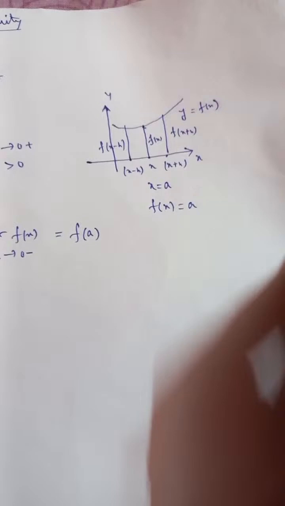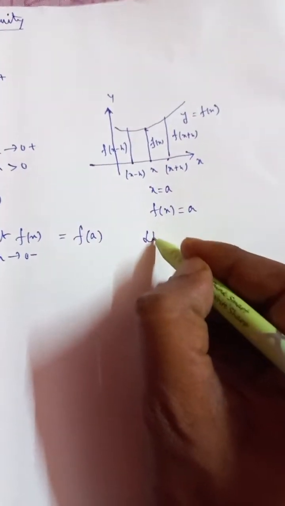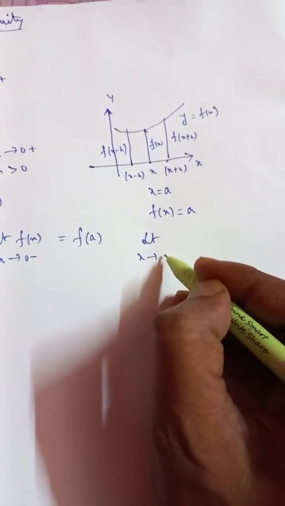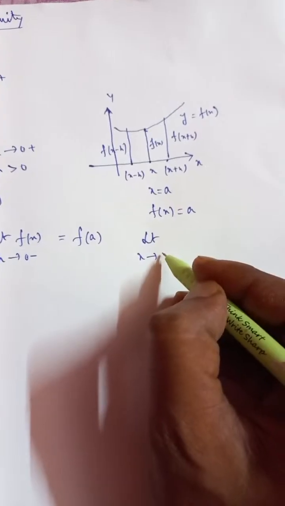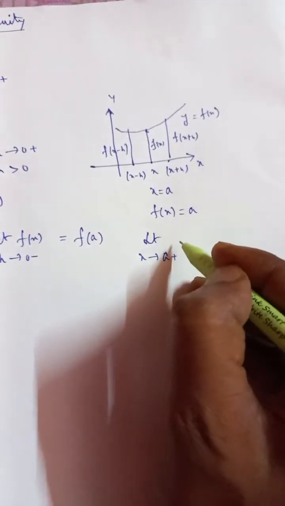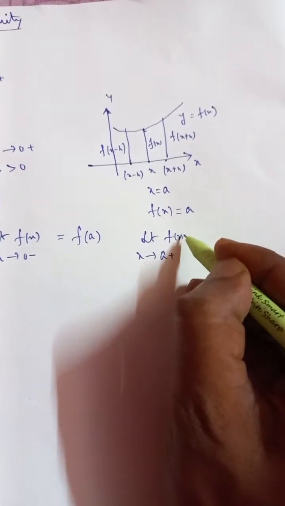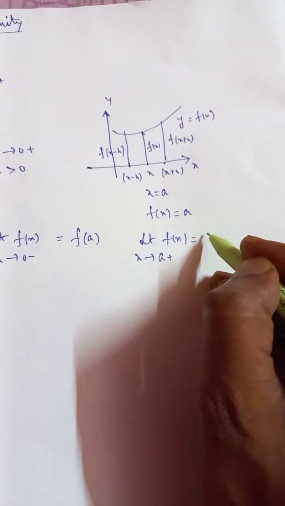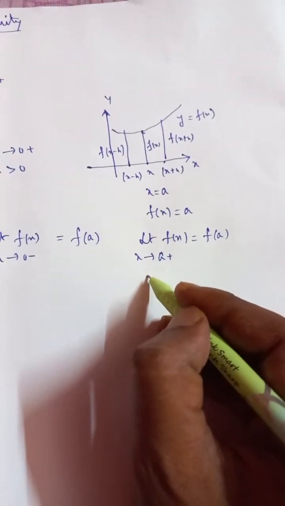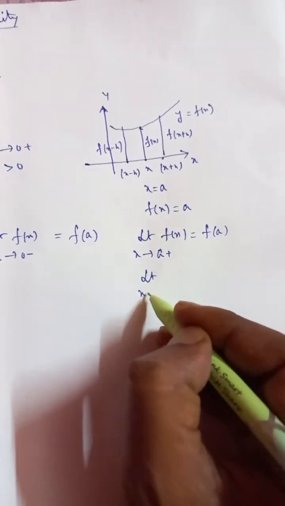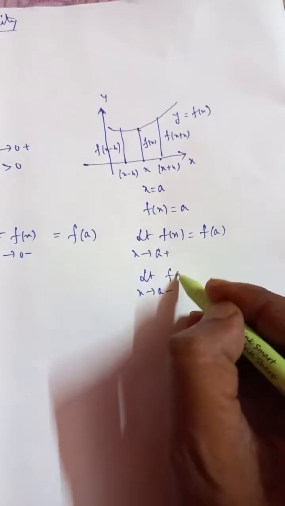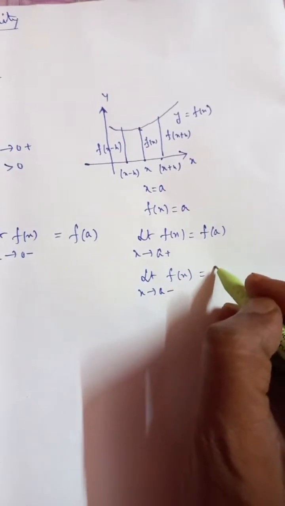And for limiting value, limit x tends to a plus f(x) will be f(a), and limit x tends to a minus f(x) is equal to f(a).